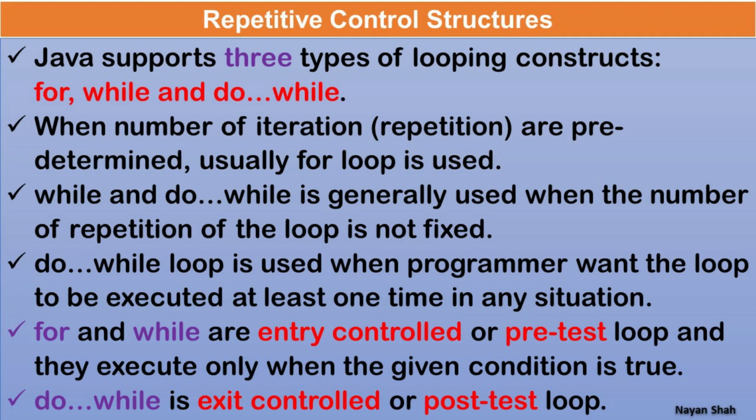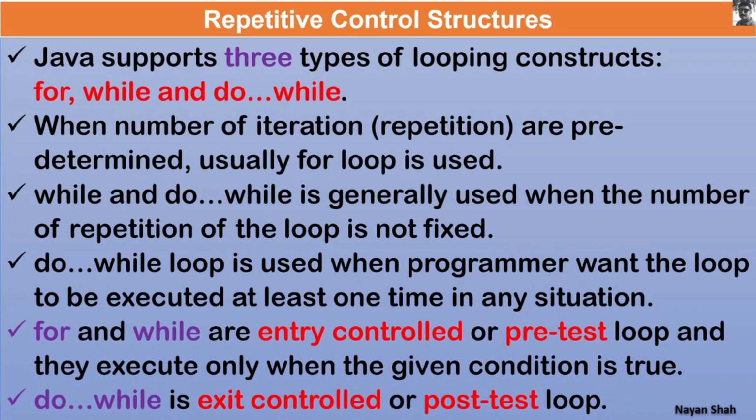On the other hand, while and do while loops are generally used when the number of repetitions of the loop is not fixed. That depends on certain situations. But again, let me tell you, this is not strict. When the number of repetitions is fixed, we use only for and cannot use while and do while, and when it is not fixed, we use only while or do while and cannot use for.